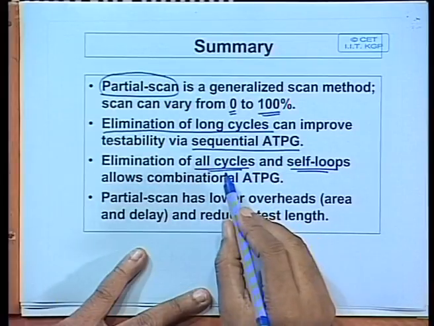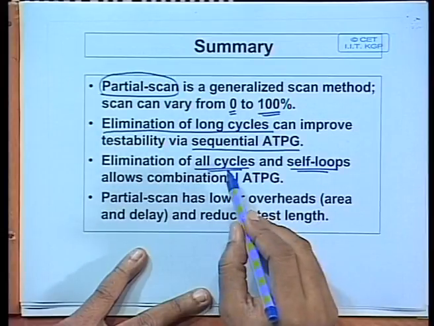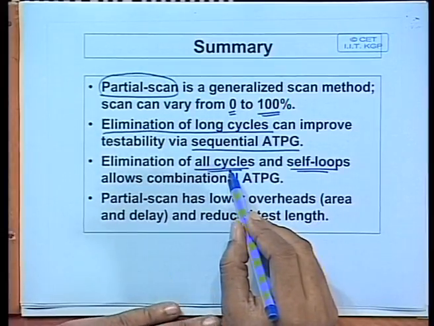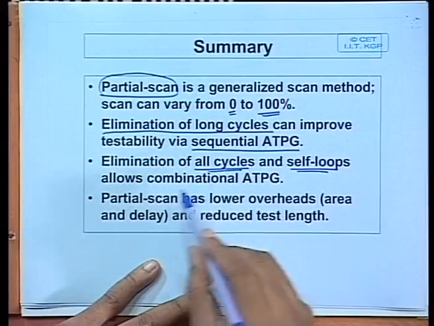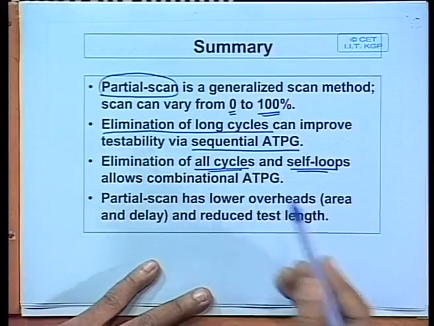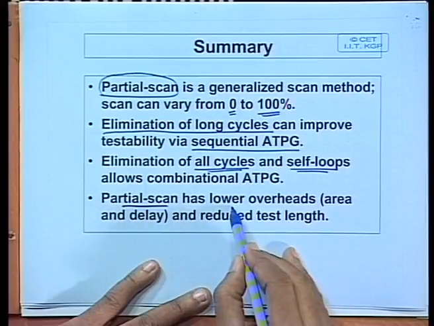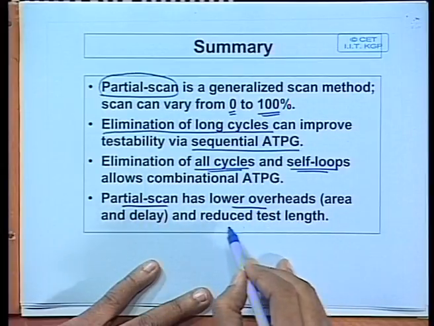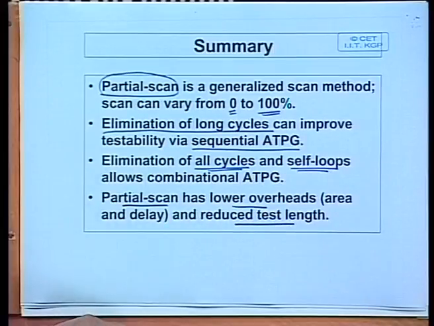You need not convert all flip flops into scan path, but you eliminate cycles in the flip flop paths. There are ways in which if you can break the cycles and self loops, you can use combinational ATPG for testing. And obviously, partial scan has much lower overhead and a smaller number of test patterns that need to be applied for testing.